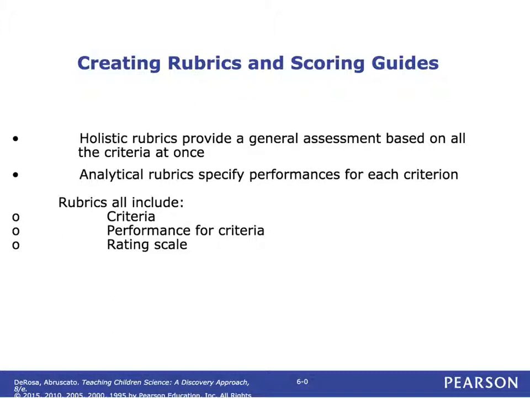All right, so that is the conclusion of chapter 6. This chapter was a summary of the different methods that can be used to assess student performance and mastery of a topic.